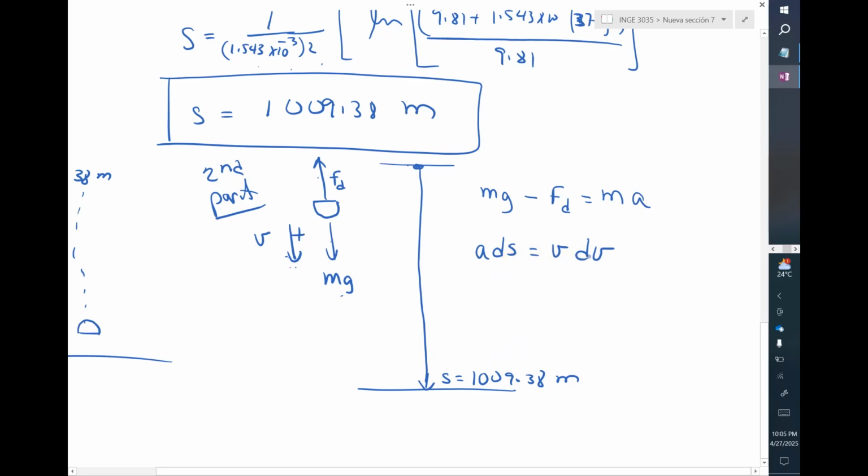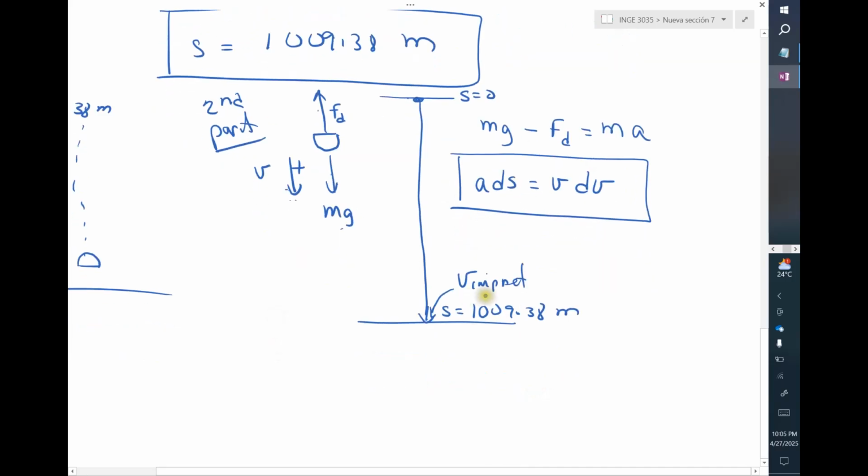I don't need to know the time to find the impact velocity. But I need to know the limits for ds: s equals 0 at the start of when the bullet is coming down, and then the distance that is covered. Oh, I know those two limits, 1009.38.